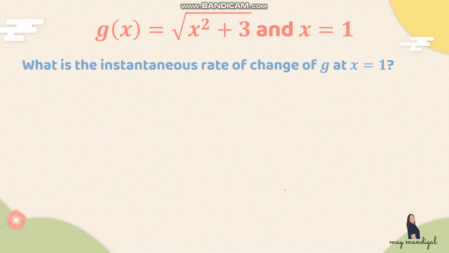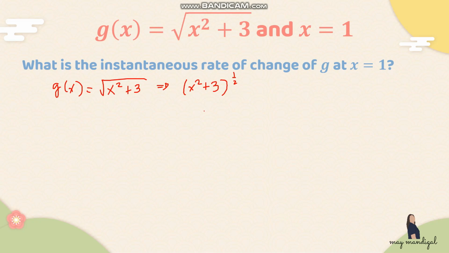So we have g of x equals square root of x squared plus 3. We have to get the derivative of this first. Here, we can rewrite this as x squared plus 3 raised to 1/2. So we write the square root or the radical into its exponential form, which is this one.